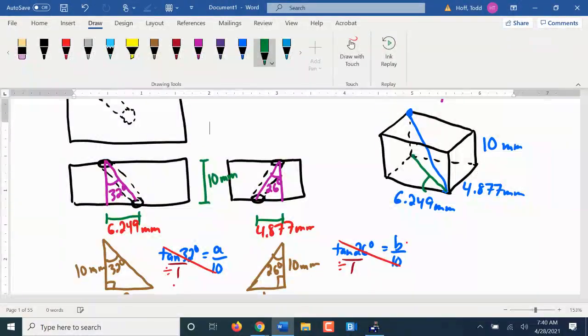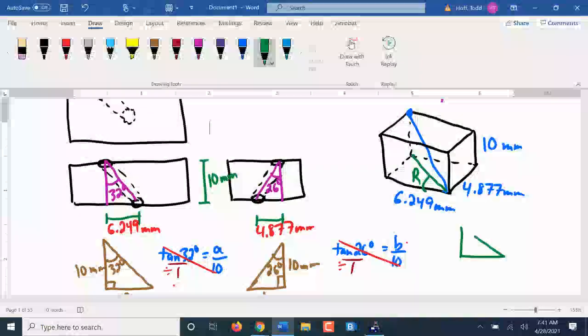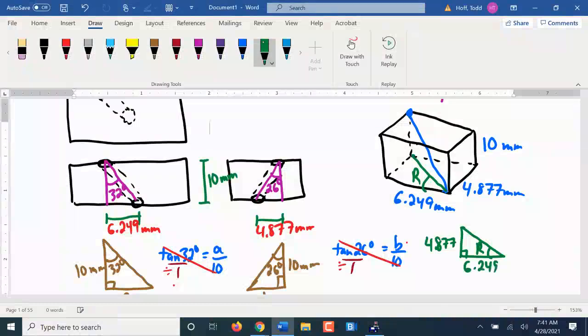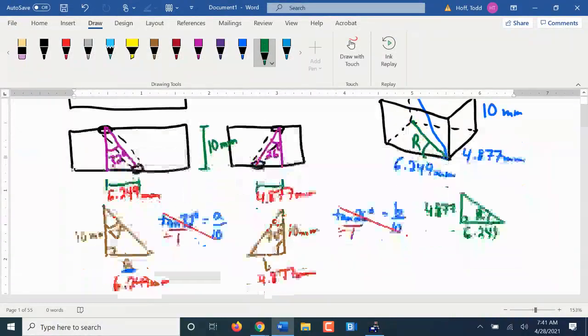So I can find my angle of rotation here by doing what? There we go.